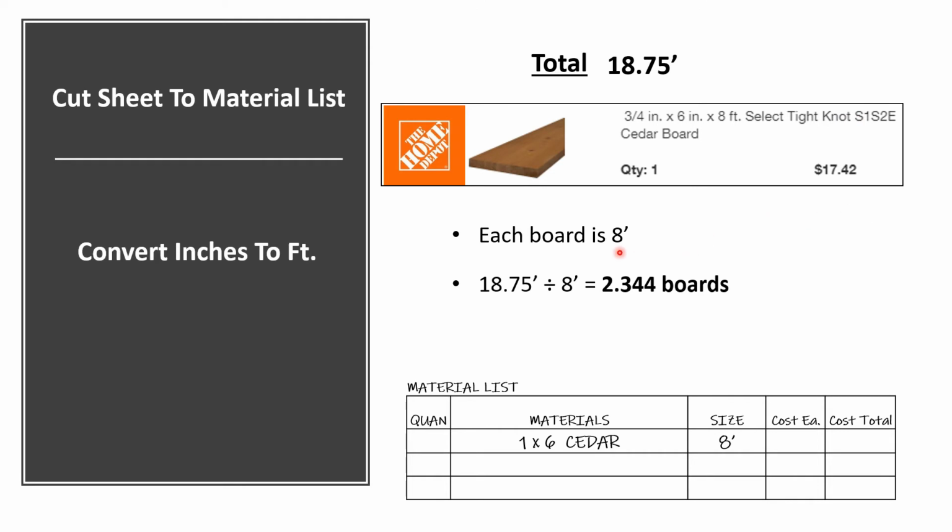So all we got to do is take our total, divide by 8, because that's how long the boards are, and we get 2.344 boards. Well, we can't buy 2.344 boards, can we? So what do we need to do? We got to get 3 boards. And that part of the material list is done.